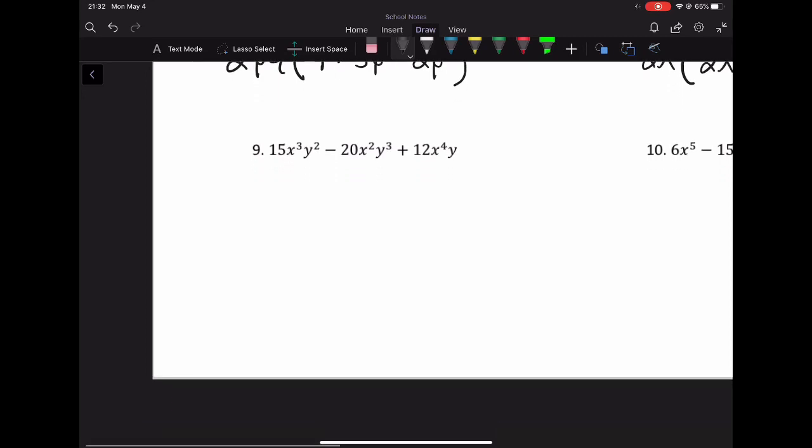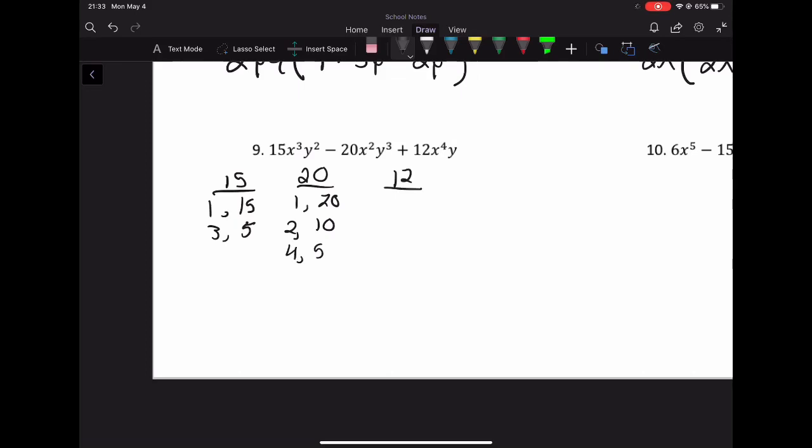Now let's take a look at our factors of 15, 20, and 12 for number 9. So 15, we got 1 and 15, 3 and 5. For 20, we got 1 and 20, 2 and 10, 4 and 5. 12, we got 1 and 12, 2 and 6, 3 and 4.